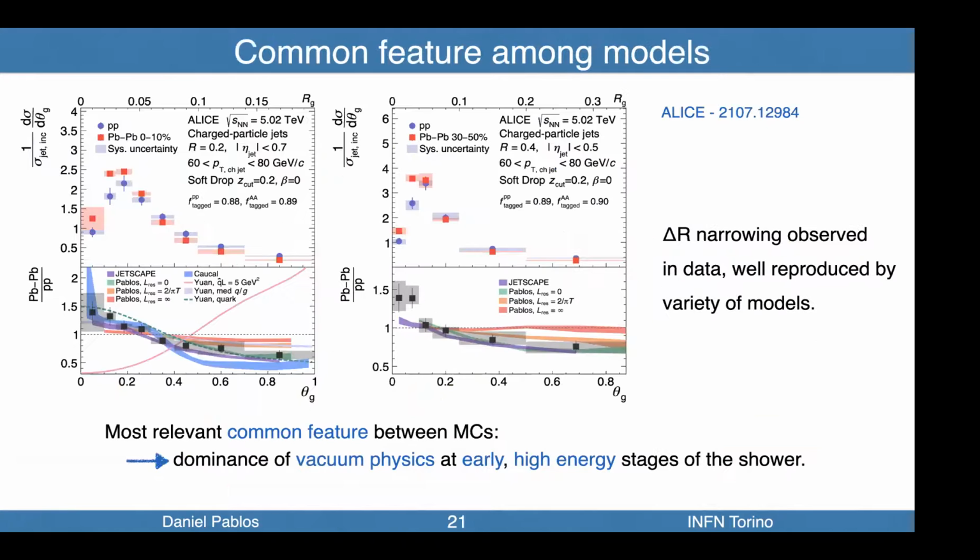Otherwise, what you are seeing here, at least in this model and also in the rest of the Monte Carlos, is essentially the groomed radius of the jets that pass the cuts, therefore the ones that were barely modified.